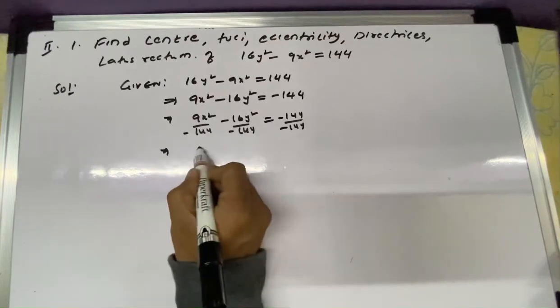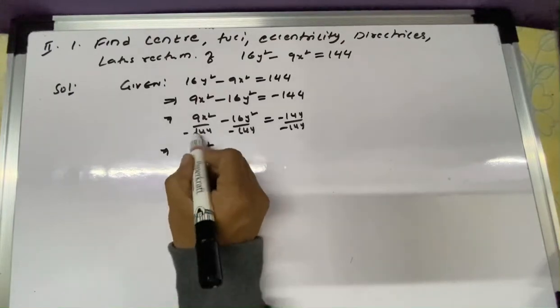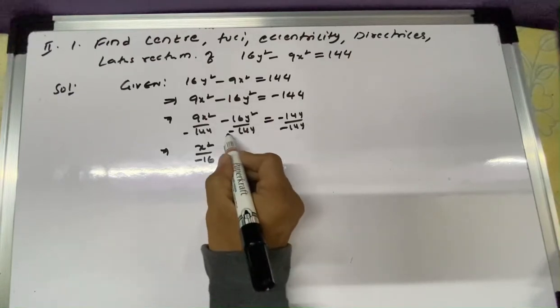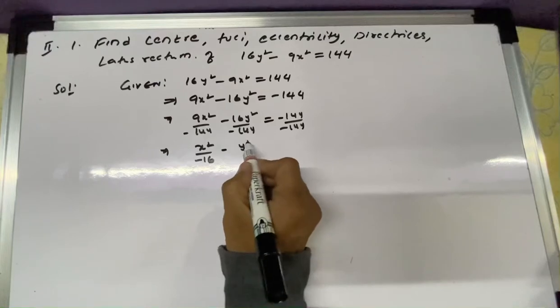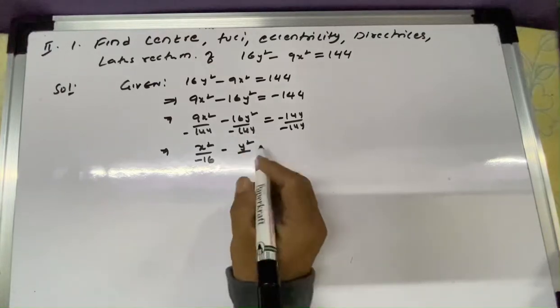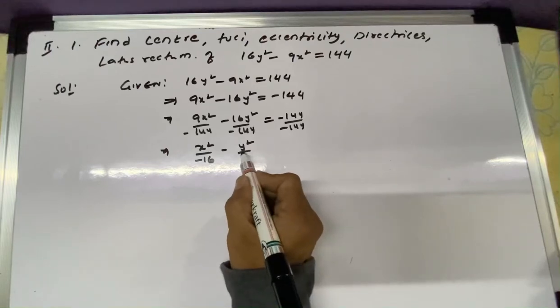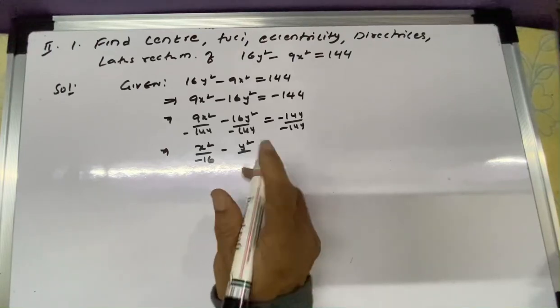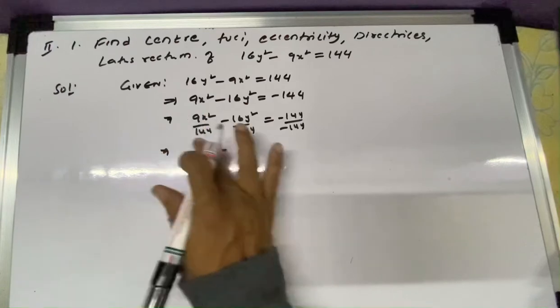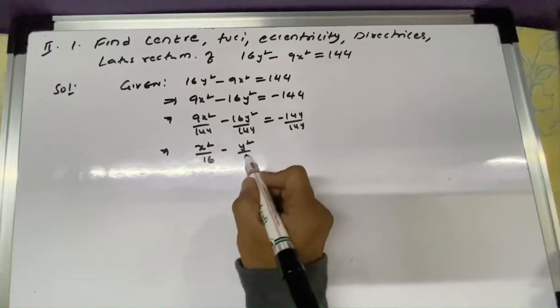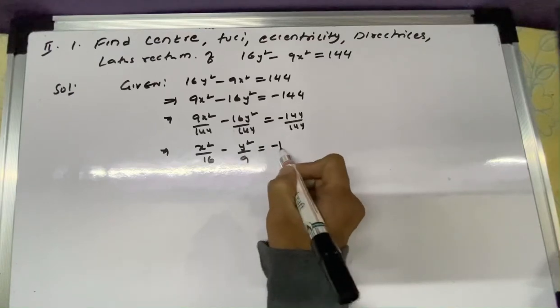So this becomes x square divided by 16, minus y square divided by 9, equals minus 1.